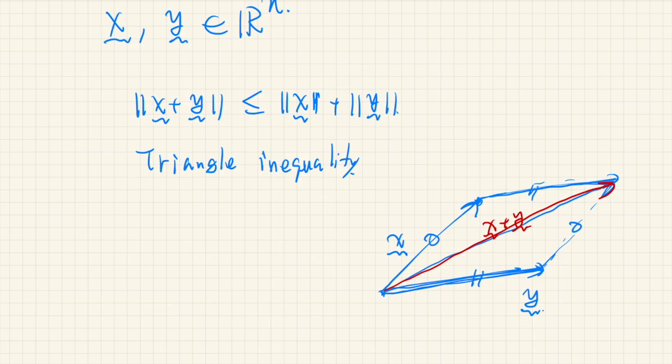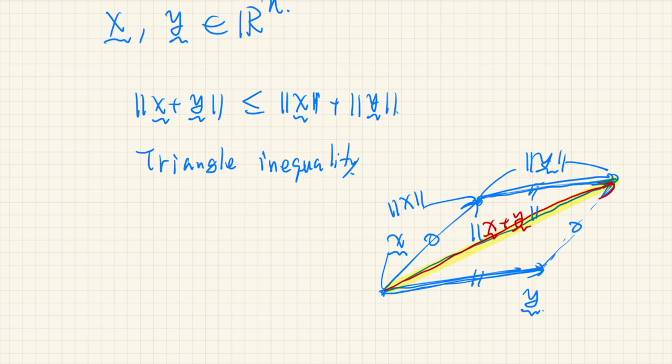And this vector is the same as y. So the length of this edge is the norm of x, and the length of this edge is the norm of y. And the length of this edge is the norm of x plus y.